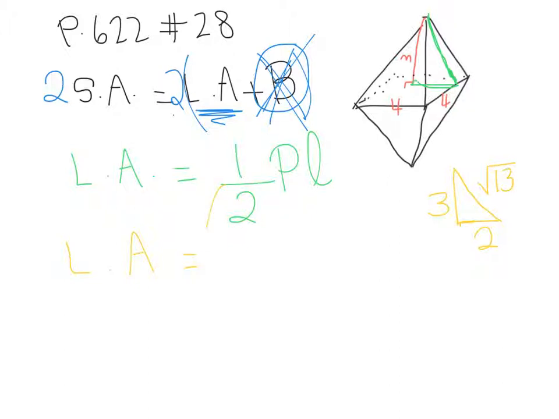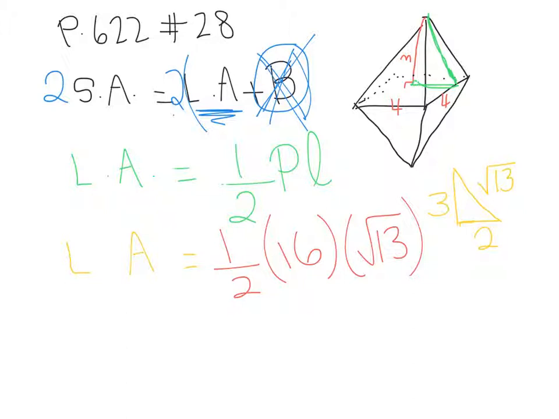So now I just have to plug it in. So half of the perimeter of the base, well, I have 4 plus 4 plus 4 plus 4, which is 16, or 4 times 4, because I just add the sides of the base, times root 13.